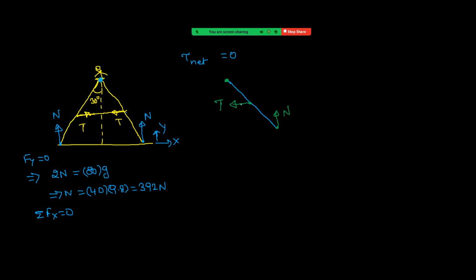About this point, because of tension, torque will be clockwise. And about this point, because of normal reaction, torque is anti-clockwise. Therefore, torque due to tension and due to normal reaction, both must have same magnitude and directions are opposite.